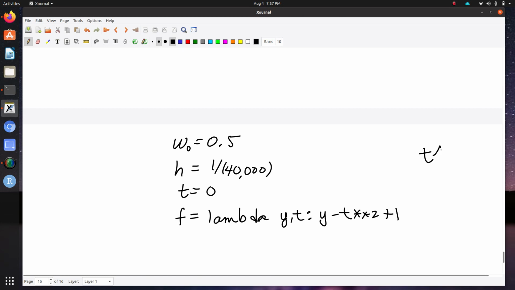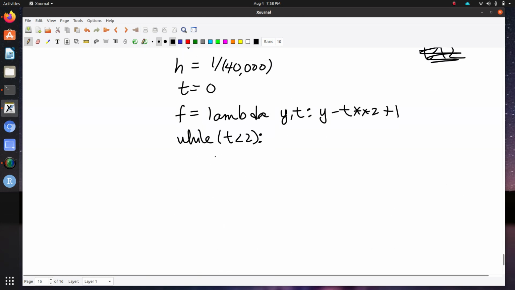Make sure in Python you never write that as t^2 with a caret. That's not t squared. Then you can do something like this: while t is less than 2, w equals w plus h times f(w, t), and t equals t plus h.